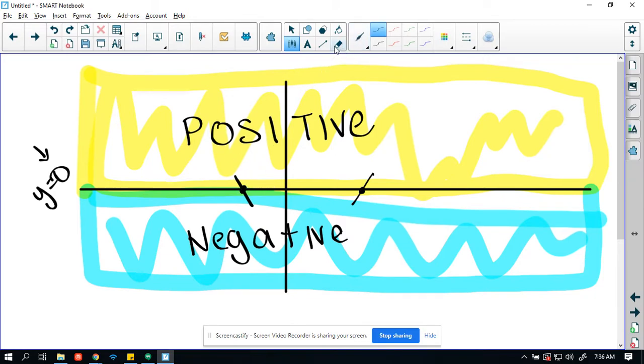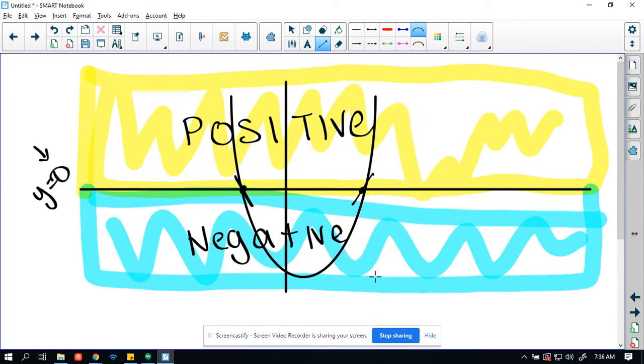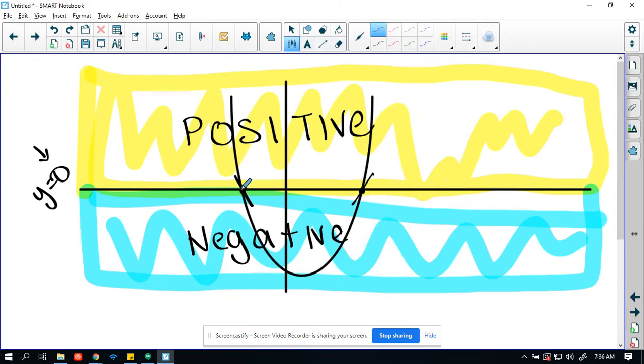So when we're looking at the idea of the parabola, here's my nice parabola, we are looking at these points of going from this positive to this negative, which is basically when y is equal to 0, or the zeros of our graph.